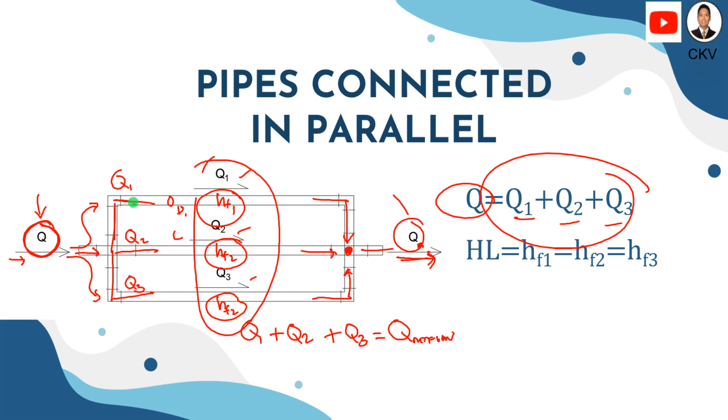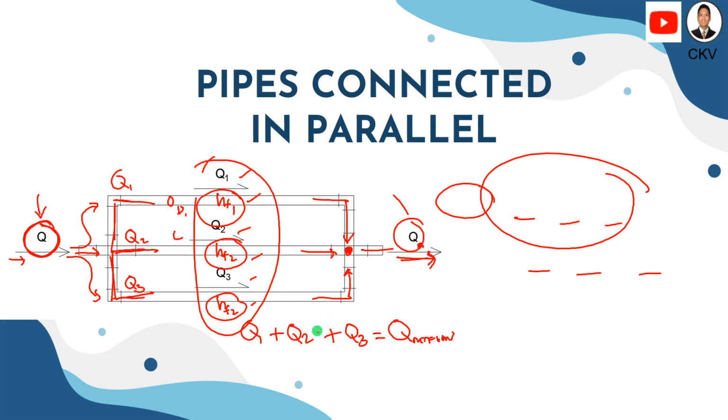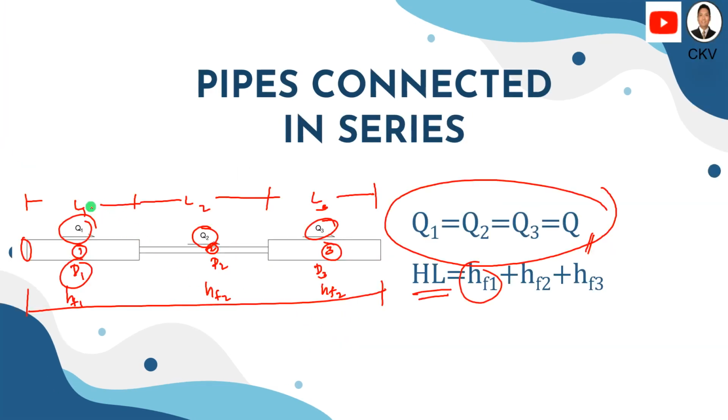Since they are in a parallel connection, their head losses are equal. So all the values that we can compute on pipe 1, pipe 2, and pipe 3 give the same head loss. But unlike in series, where the head losses are not equal, and only if we want to determine the total head loss, we add the three.